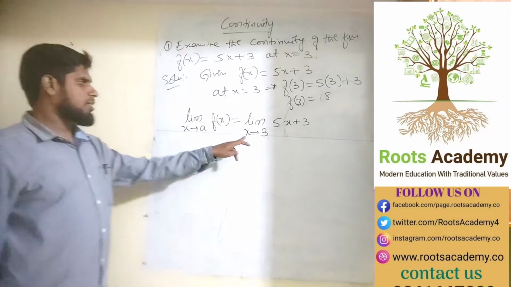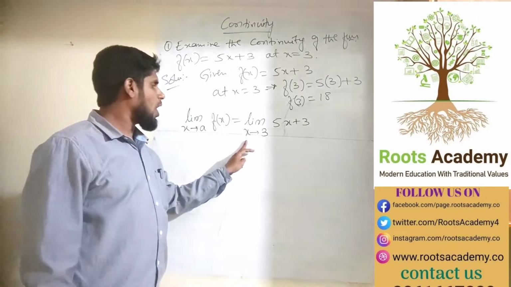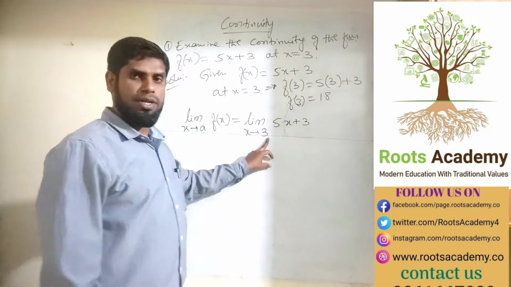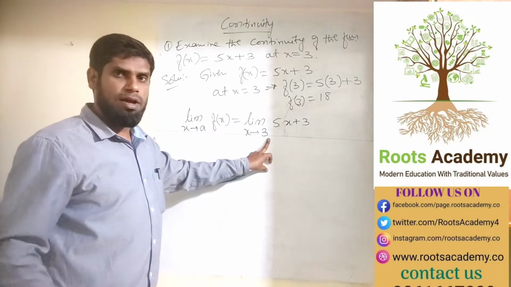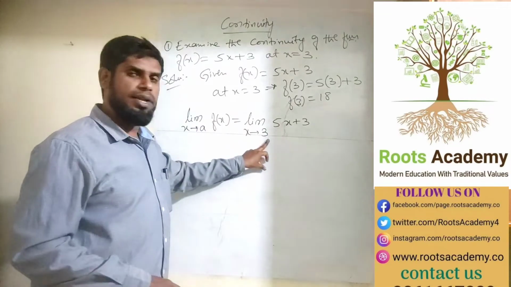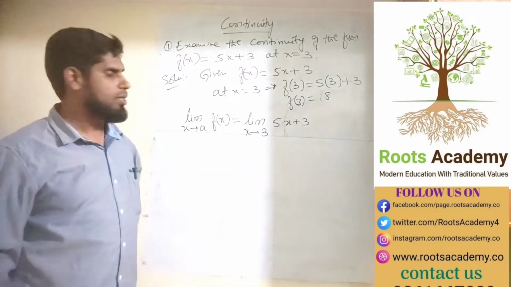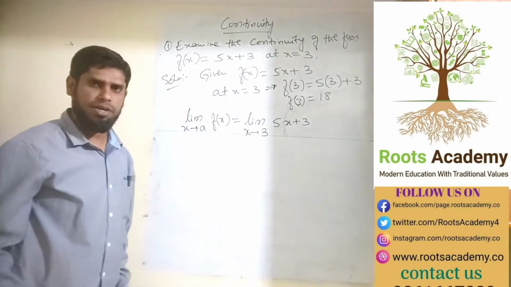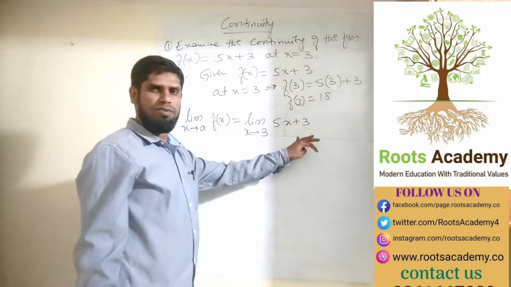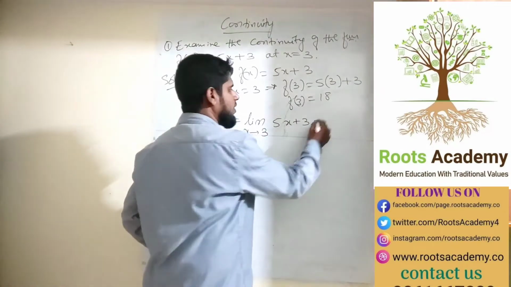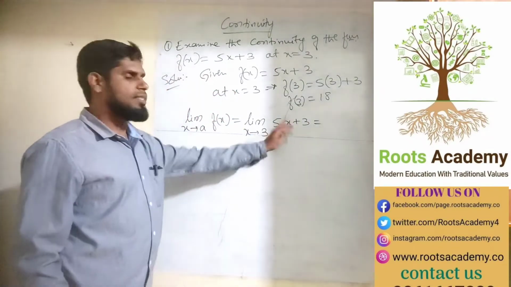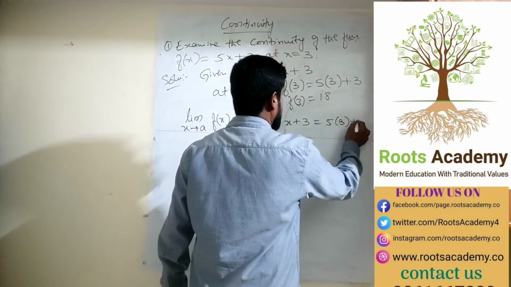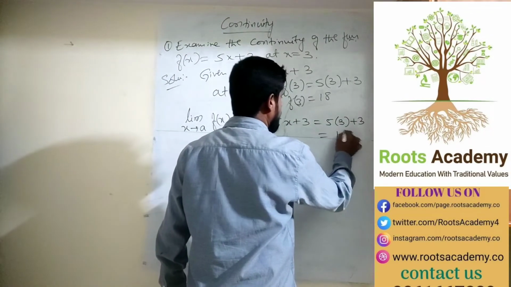Now students, here as I said, the value of x is approaching 3, but it will never be equal to 3. But in other words, it is approximately equal to 3. So in this case, I will directly substitute x as 3 only, because anyway it is approximately equal to 3. To save our time, let us directly put x as 3 here. So 5 into 3 plus 3, here it is 18.